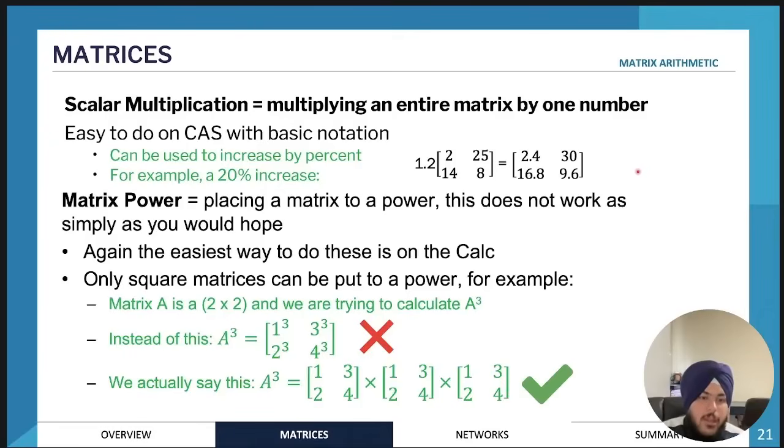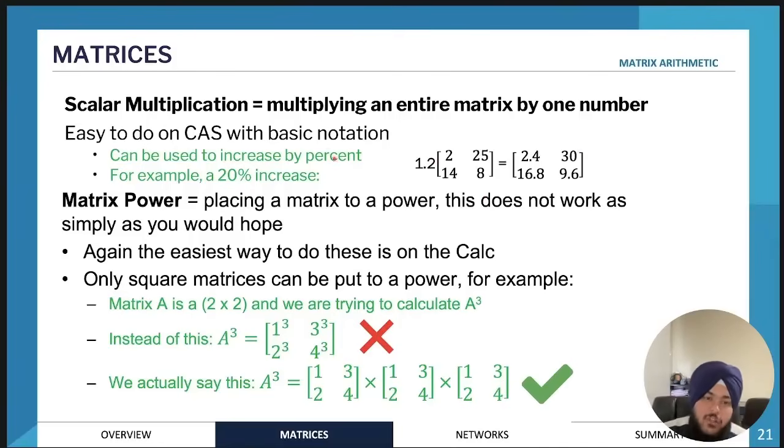Okay, so now we'll have a look at scalar multiplication. So scalar multiplication is a little bit different than matrix multiplication, because in scalar multiplication, you're multiplying the matrix by just 1 number. And it's a scalar, it's not a matrix. So for example, just multiplying this matrix by 1.2, that would be scalar multiplication.